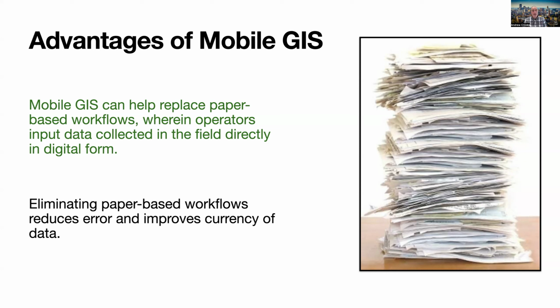So mobile GIS can help replace paper-based workflows, wherein operators would input data collected manually, initially with pen and paper, but now they can do it in a digital form through personal digital devices, like PDAs, for example, right?